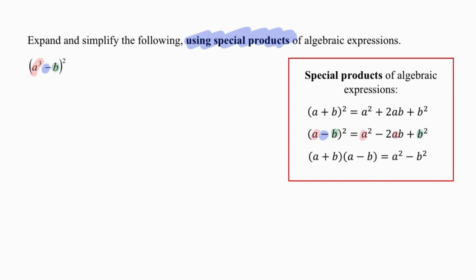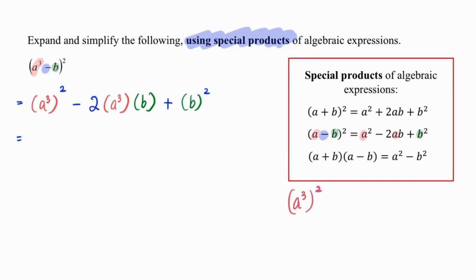So without further ado, you will then see me writing my (a cubed) squared minus 2ab plus my b squared. And after which, you can see that (a cubed) squared is a cubed times a cubed. So at the side, you will see me writing a cubed squared is a cubed times a cubed.